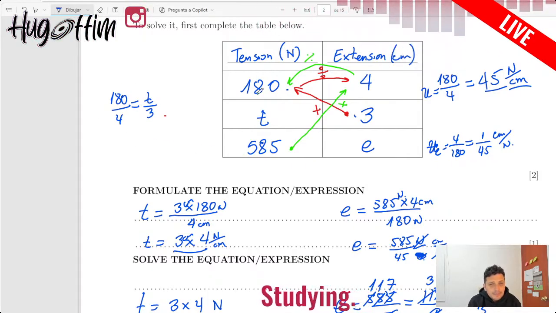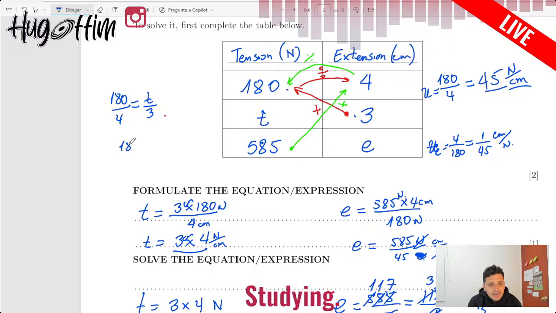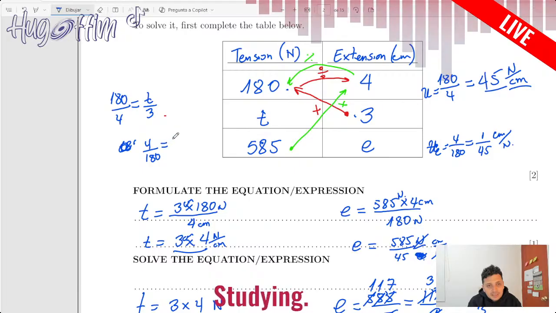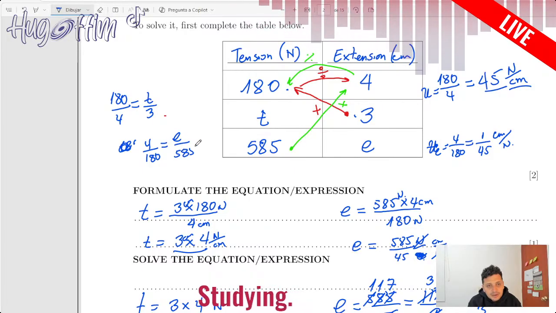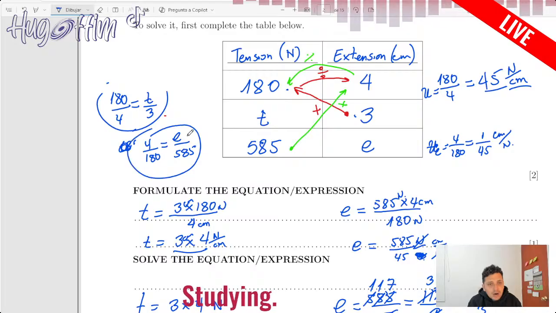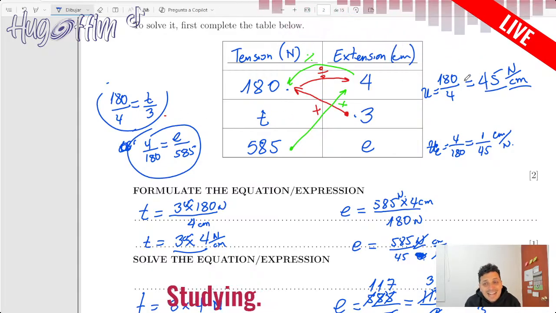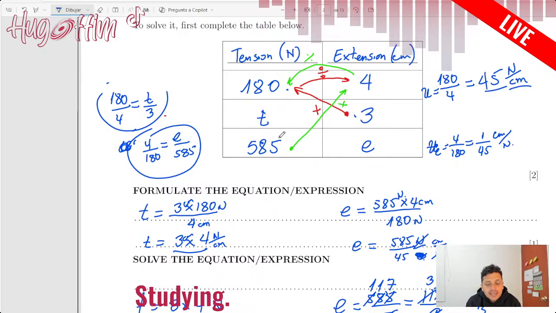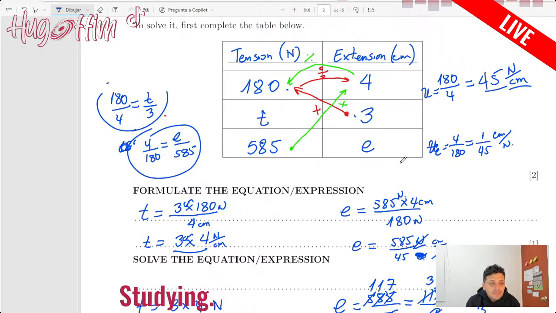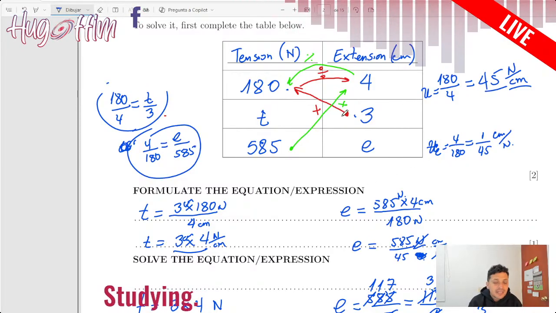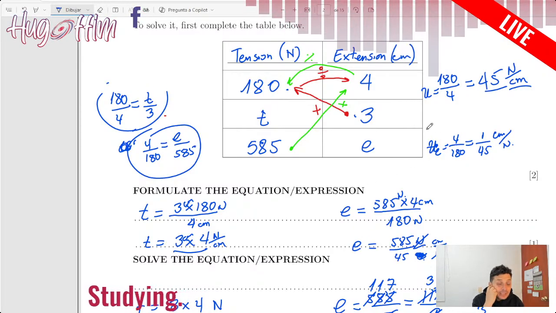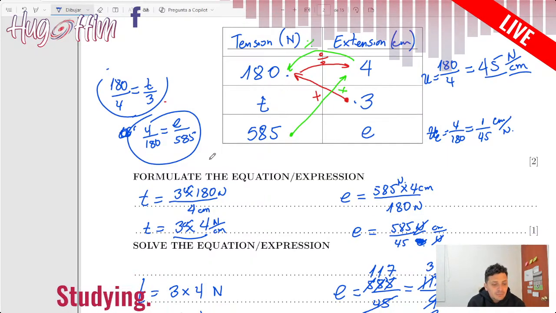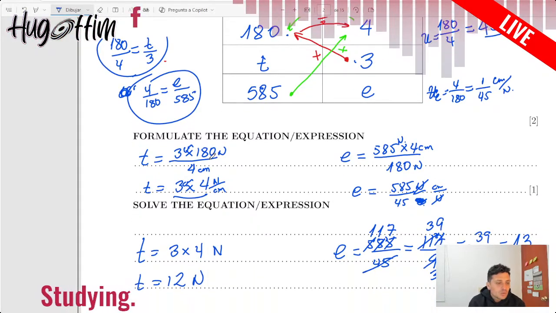For example, for the second one, I can tell that 4 over 180 is the same as E over 585 and solve the equation. Option number 3, calculate the unitary extension or the unitary tension and then multiply by the number they're asking you. Now, in the last one, put the answer as a fraction and then multiply by the fraction. Don't get lazy multiplying by fractions. So this is question number 2.